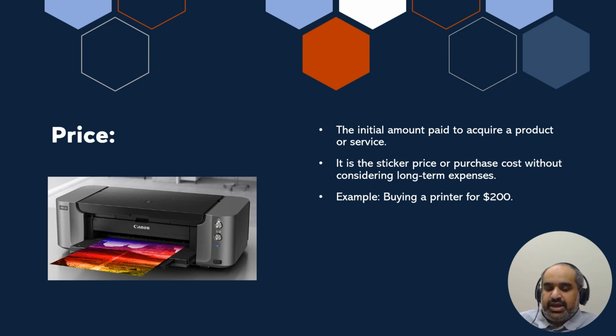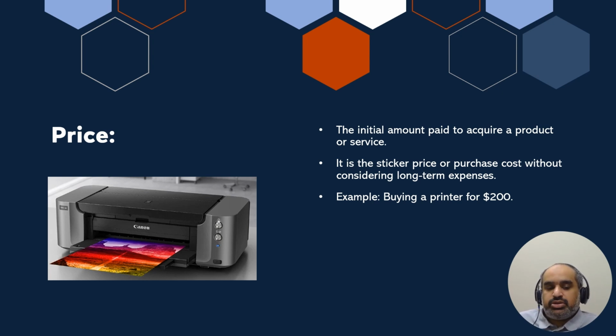If supplier A is giving you a product for $2,000 and supplier B is giving you a product for $4,000, they always want to get the product from the supplier giving it for $2,000, or they think the cheaper product is the best product. However, that is not the case in most scenarios. So it is imperative that you know what price and total cost of ownership mean, and how to differentiate between both of them.